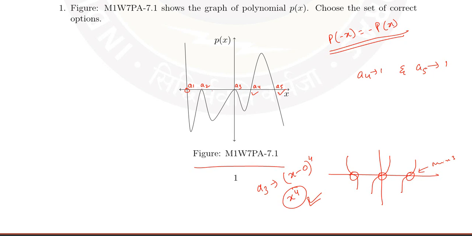Since at a2 and a3 we can see the curve simply bounces back, it can have even multiplicities. So there can be a possibility that both are of degree 2, or both of degree 4, or both of degree 5. Therefore the last option also becomes right.